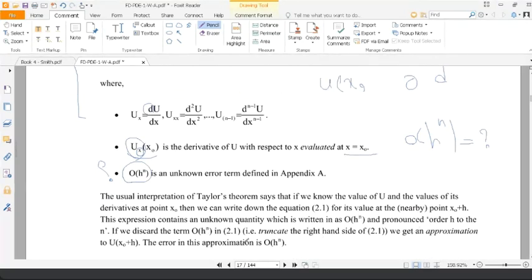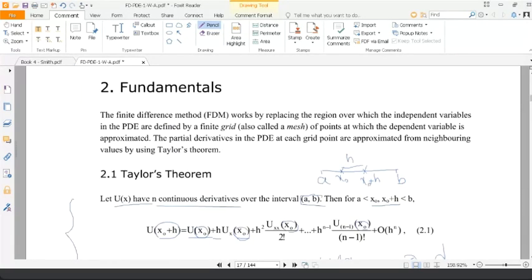I will continue. The usual interpretation of Taylor's theorem says that if we know the value of u and the value of its derivatives, please see Taylor's theorem.